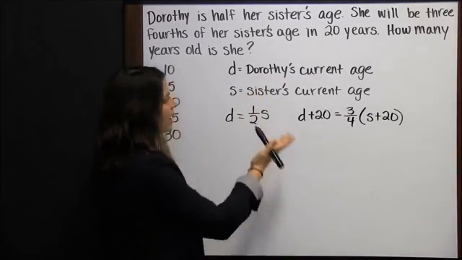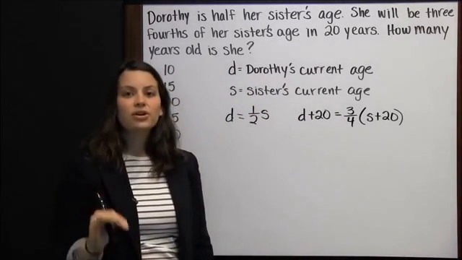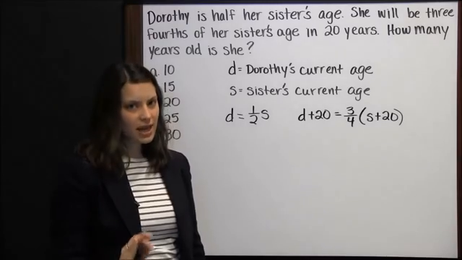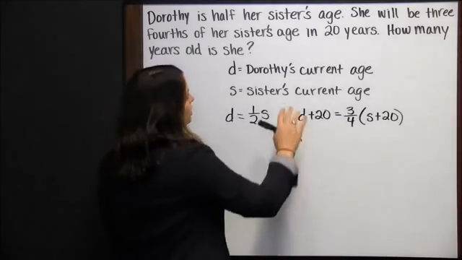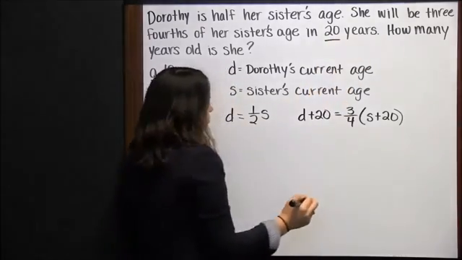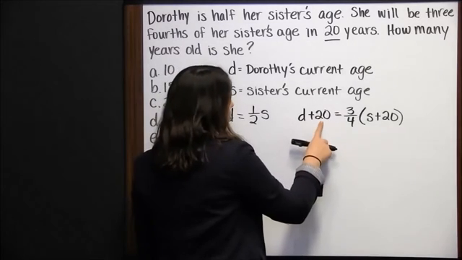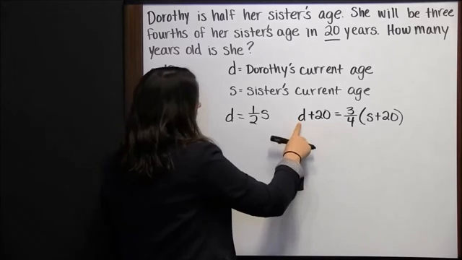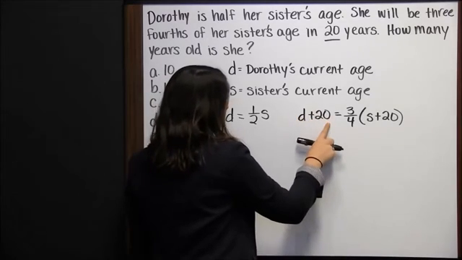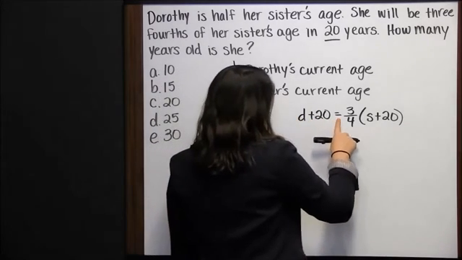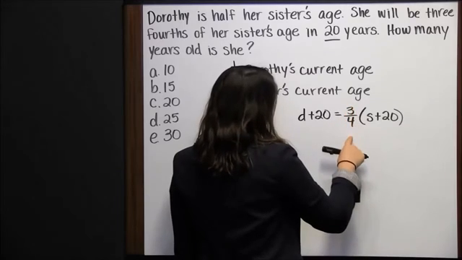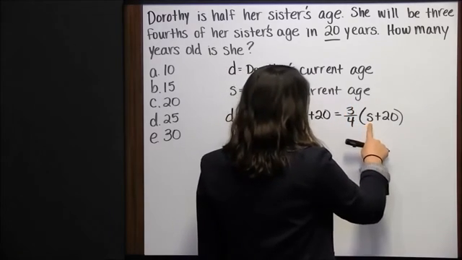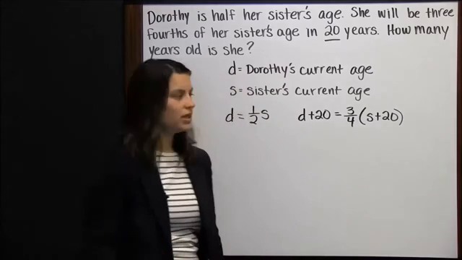Remember that D and S were Dorothy and her sister's current ages. So when they talk about in 20 years, that means we have to add 20 to their current age. So Dorothy's age in 20 years, so plus 20, equals 3/4 of her sister's age, also in 20 years.